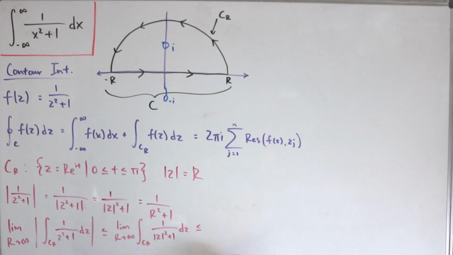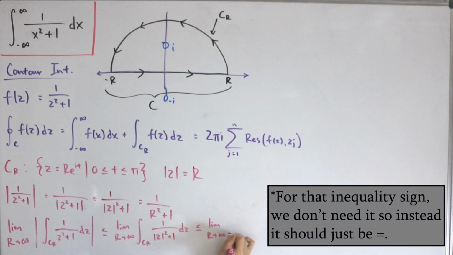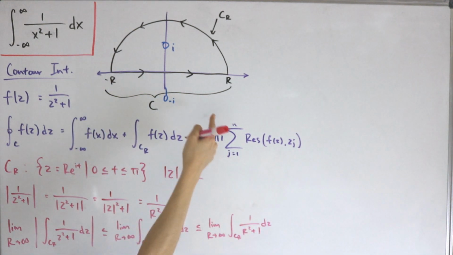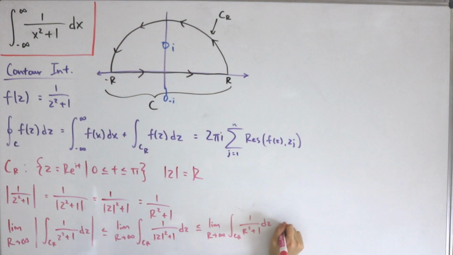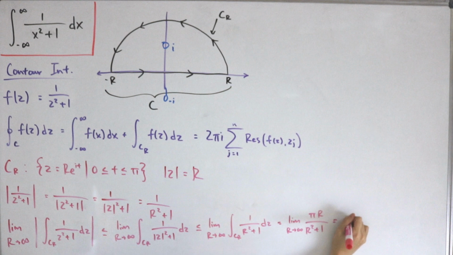Then put in that bound yet again, so the limit as R approaches infinity of the integral over C sub R of 1 divided by R squared plus 1 dz. Calculating this over the bound is basically just the arc length of the top half of the circle, which is pi times R. So the limit as R approaches infinity of pi times capital R divided by R squared plus 1. Taking that as R approaches infinity, you just get that it's equal to 0.